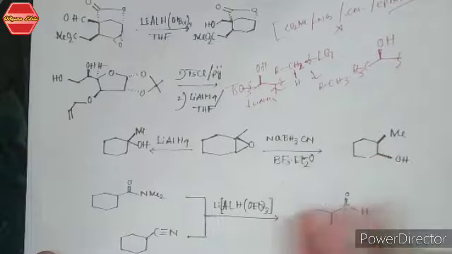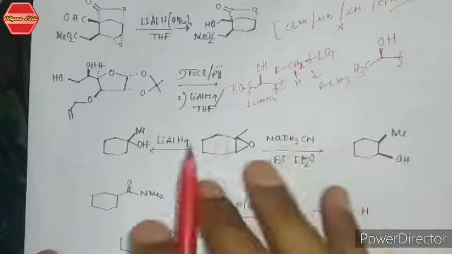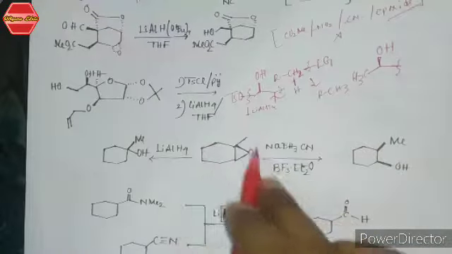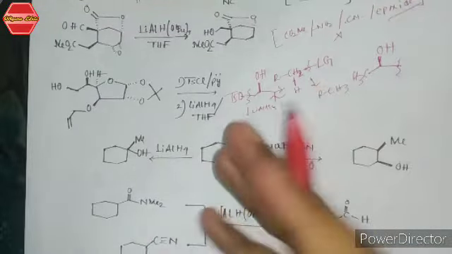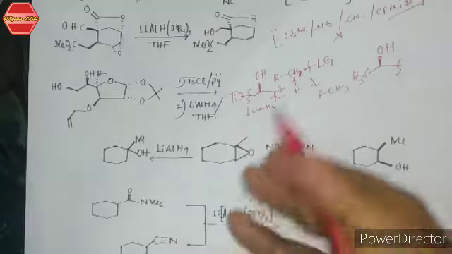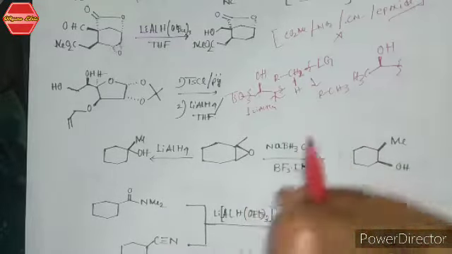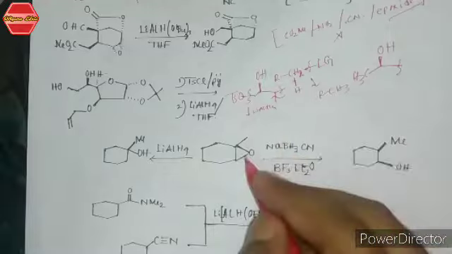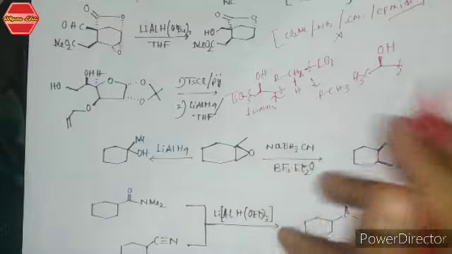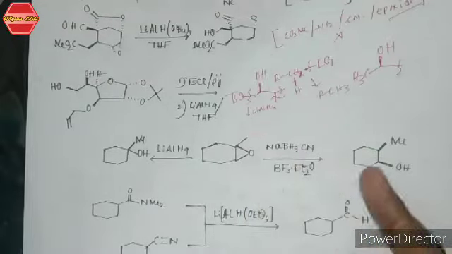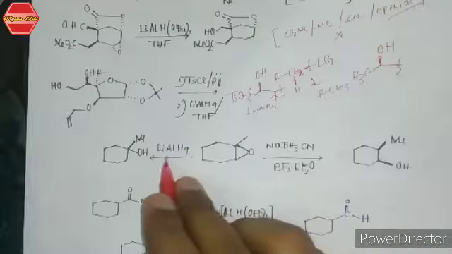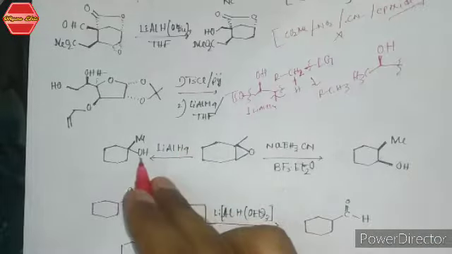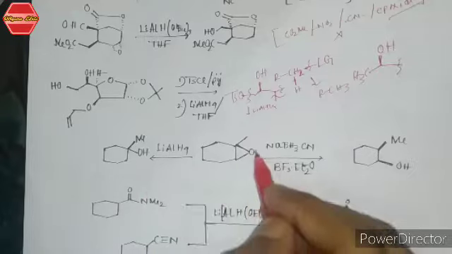Okay, now another important concept is if we use this type of epoxide ring. We all know that lithium aluminum hydride opens the epoxide ring by a ring opening process. Now if we use lithium aluminum hydride, then the ring opening takes place from this side.